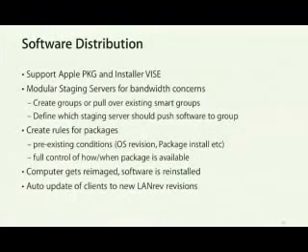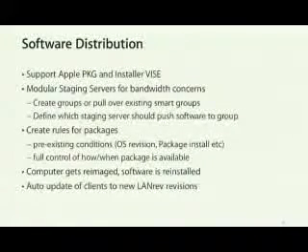You can use modular staging servers. So if you have buildings with lower bandwidth connections, you can use a file server that is in that building as a staging server, so that when you are pushing out a package going to machines in that building, they'll pull it off the local server as opposed to your main software distribution server.